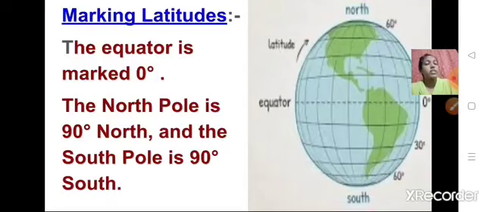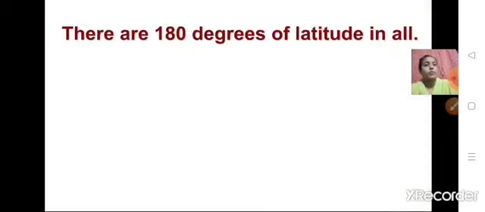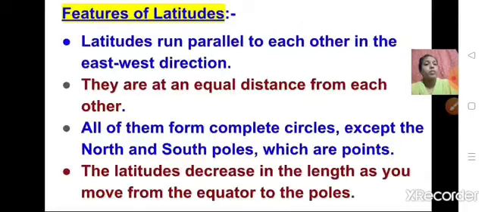The equator is marked 0 degree. The North Pole is 90 degree north and the South Pole is 90 degree south. There are 180 degrees of latitude in all. Latitudes run parallel to each other in the east-west direction.